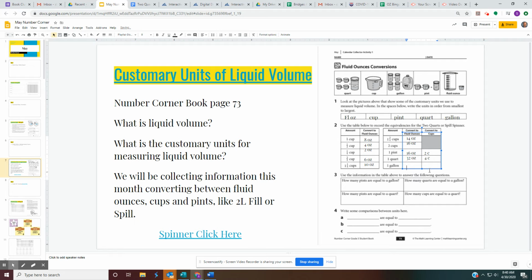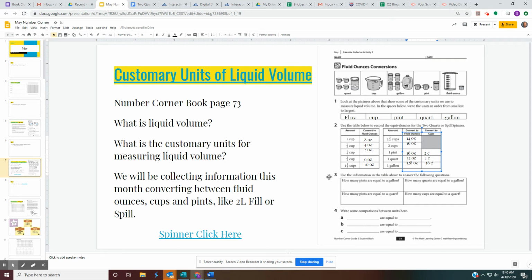Which would be what? Just trying to get this worked out, but I don't think it's going to work out too much to fit in that box. 4 times 32 is 128 ounces, or 16 cups. 16 times 8 is 128, so that matches up.